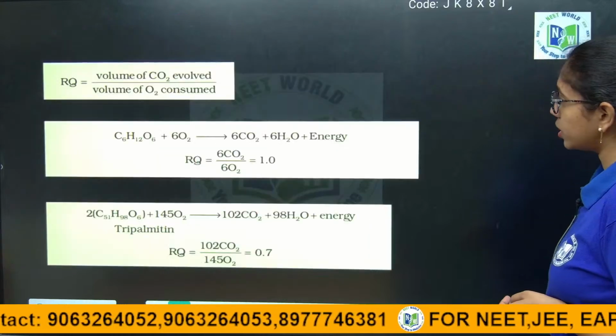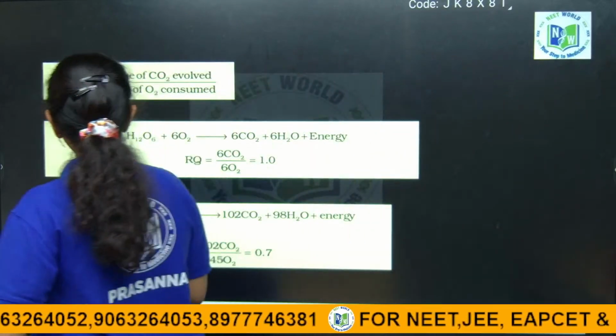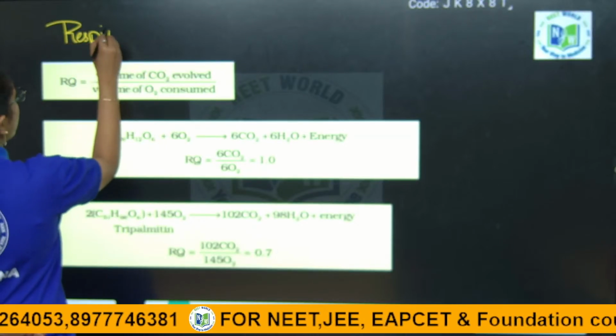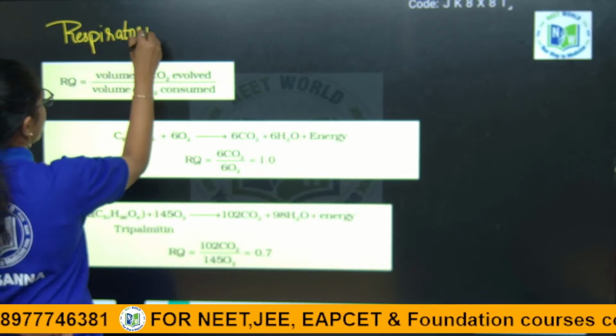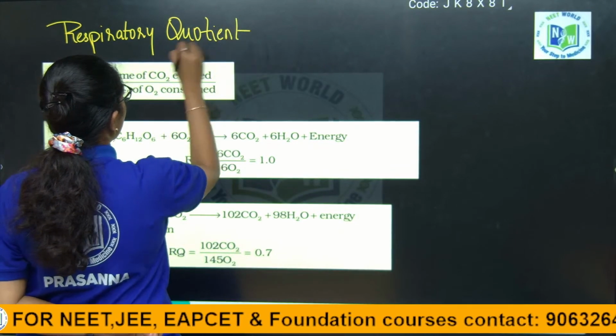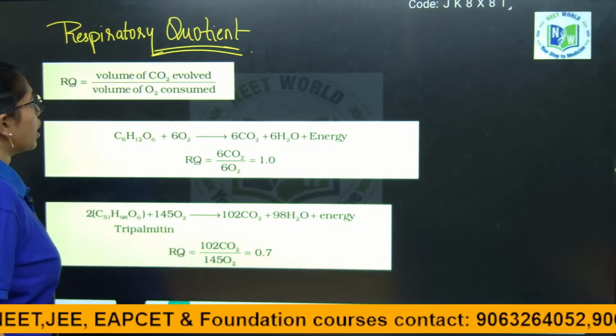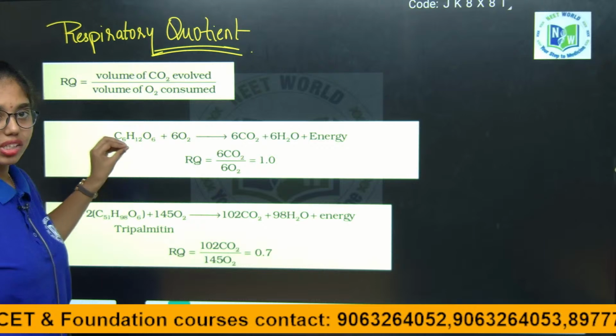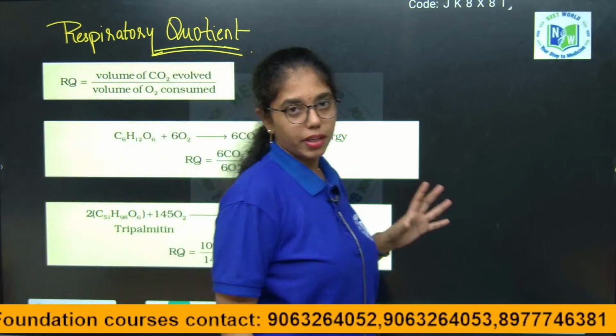The last segment of this chapter is respiratory quotient. What is it? It is nothing but the volume of carbon dioxide evolved by the volume of oxygen consumed during respiration, okay.